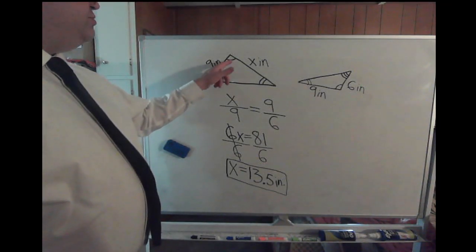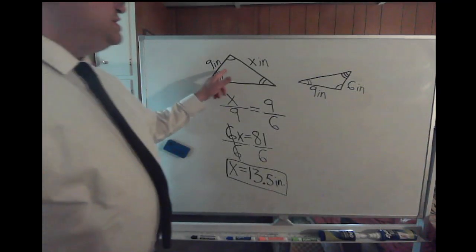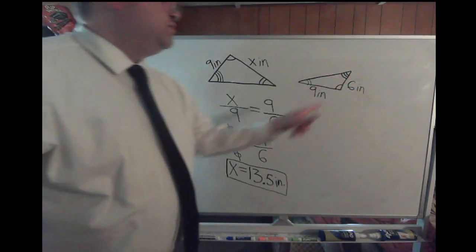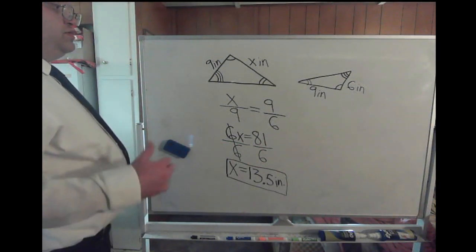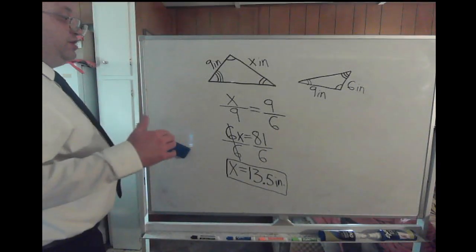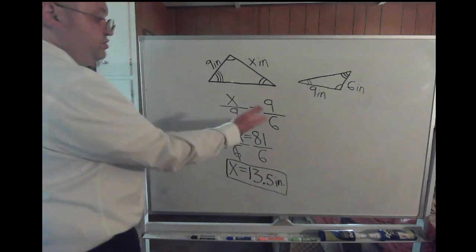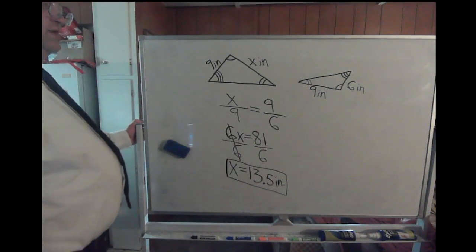So for example, the side between the 1 congruency marker and the 3 congruency marker corresponds to the 1 and 3 congruency marker on this one. So you just follow your congruency markers. You'll be able to set up your ratio from one figure to another, and then you'll have a nice proportion. Then you just solve your proportion.